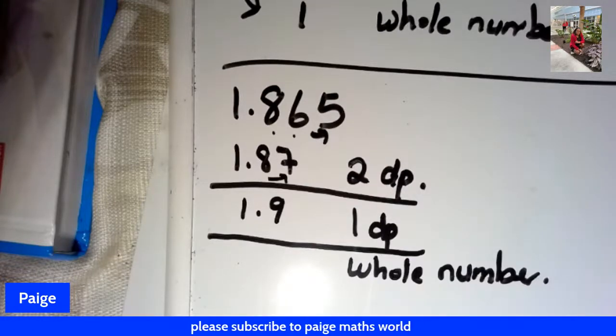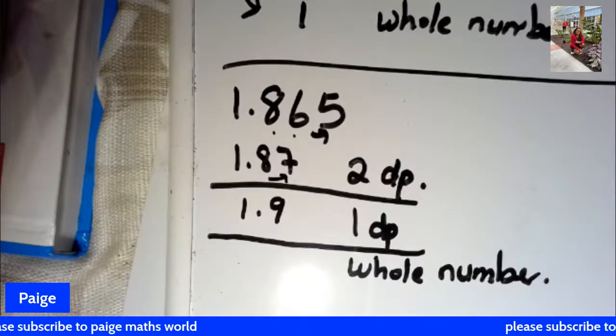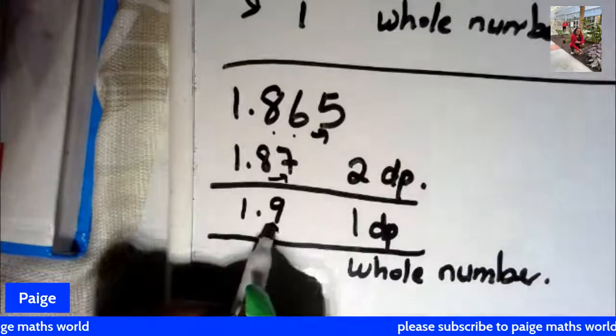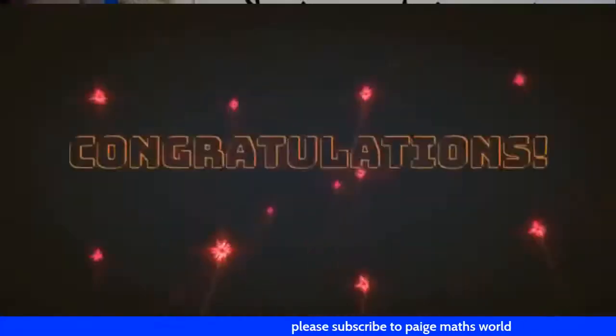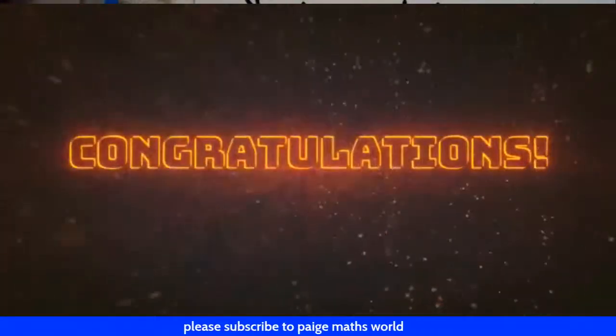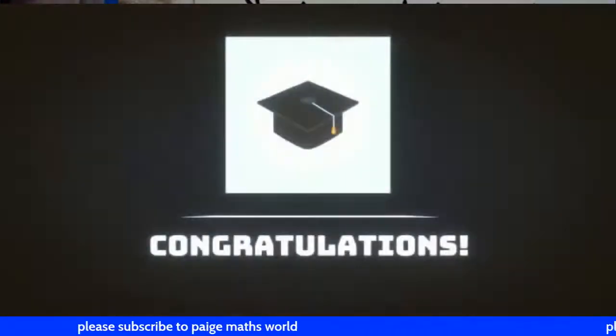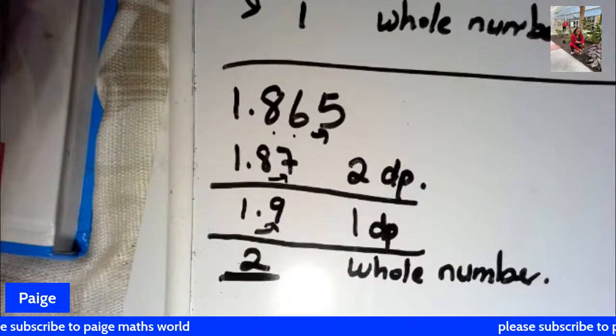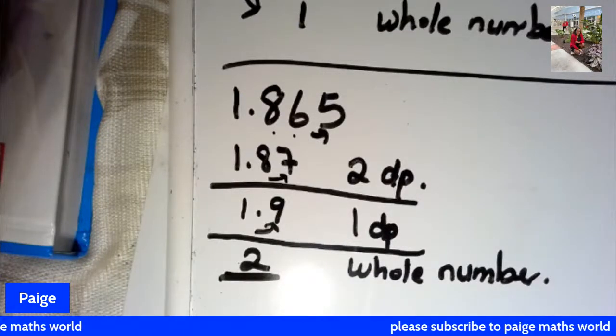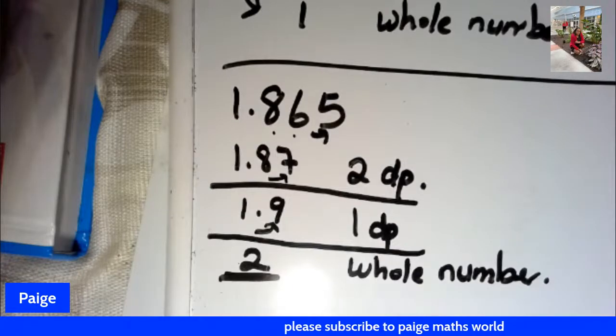Look at my bright sparks. Yes. Congrats, Chris. Congrats, Jay and Raymond. Yes, we look to the right. It's greater than 5, so we're going to add 1. So to the nearest whole number, it would indeed be 2. Good job.